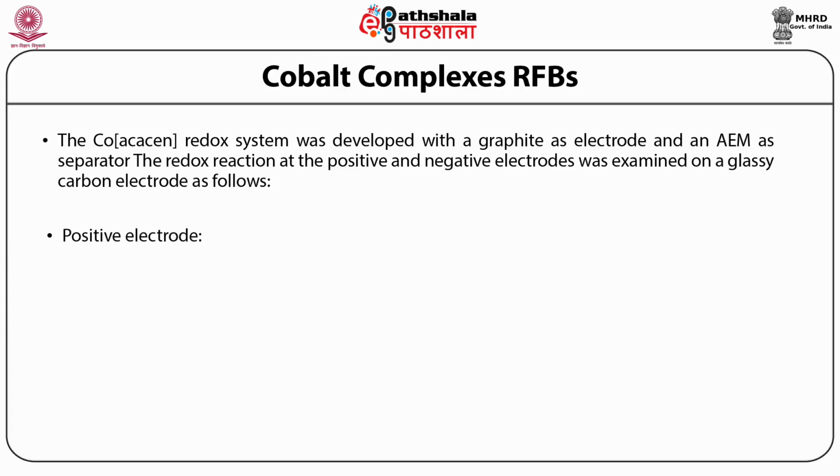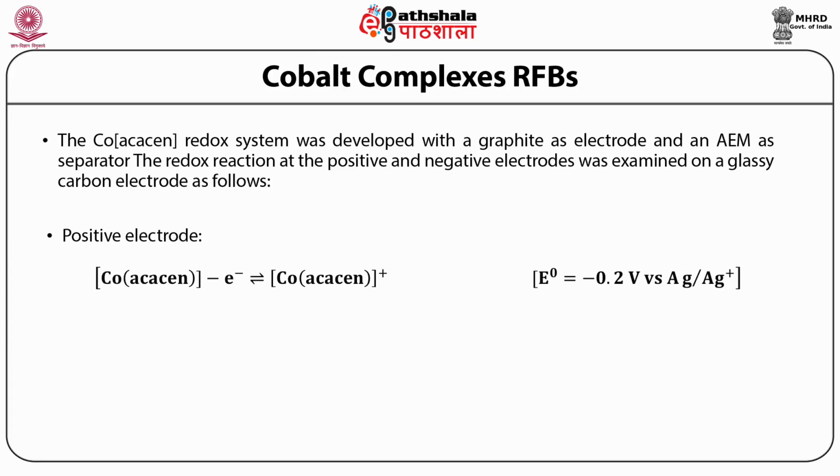At positive electrode, Co(acac)2en minus an electron gives Co(acac)2en+ with E naught equal to minus 0.2 volts versus Ag+.